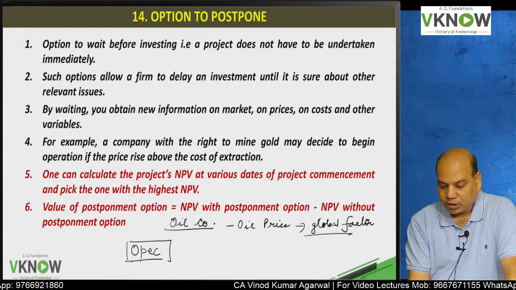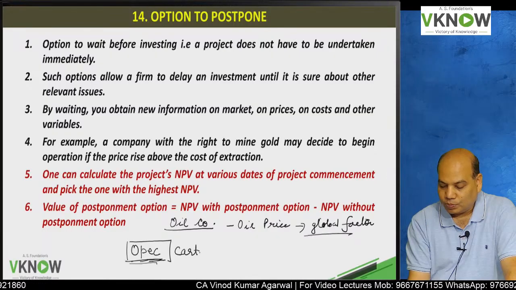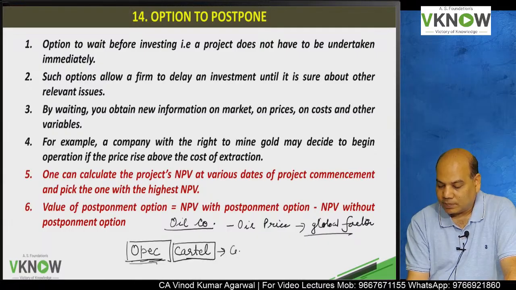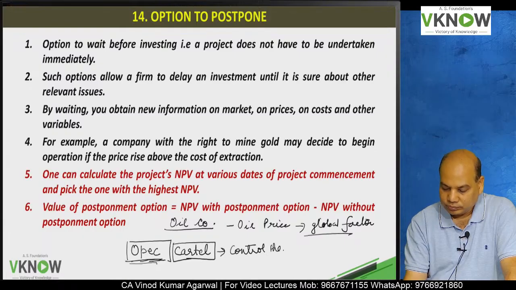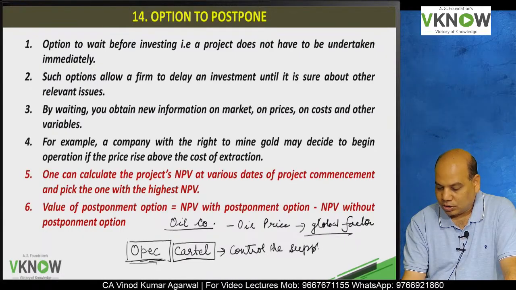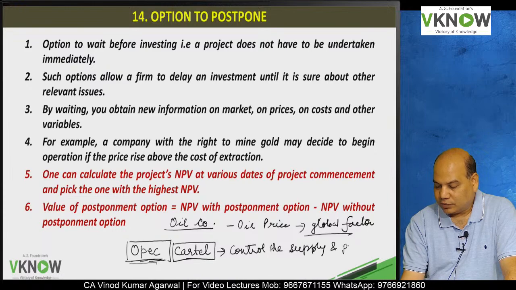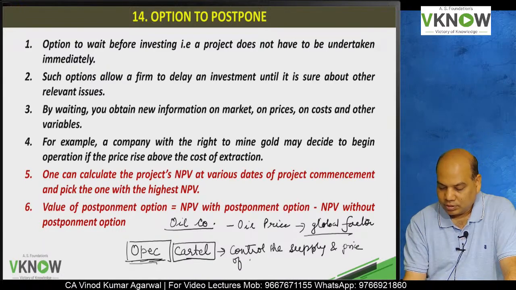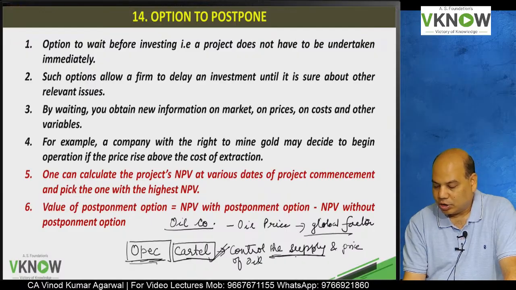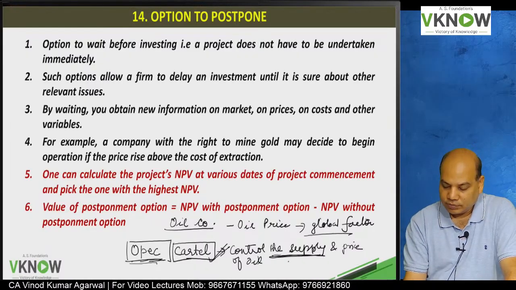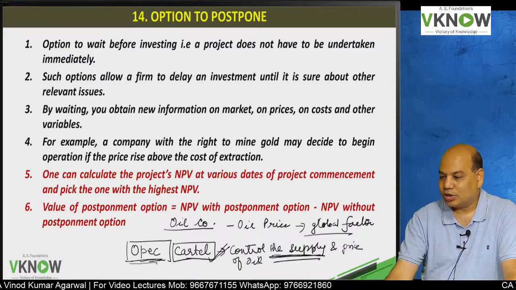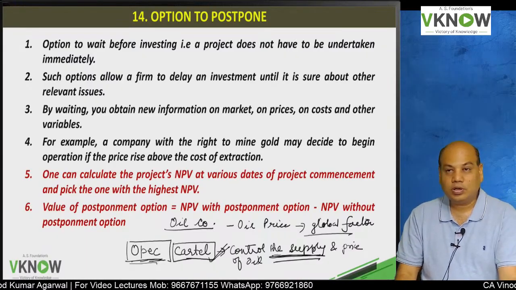Organization of Petroleum Exporting Countries. It's a cartel, a group of suppliers. They control the supply and therefore the price of oil. If the cartel decides to reduce the supply, price will rise. If the cartel decides to increase the supply, price may fall.